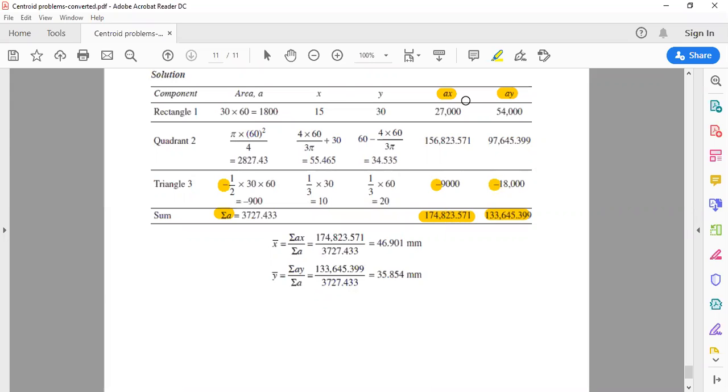Once ax, ay, and summation a are calculated, put them in the respective formulas, that is x bar is equal to sigma ax by a, y bar is equal to sigma ay by a, to get the final x bar and y bar for solving the problems. So this is how you calculate x bar and y bar for the problems.